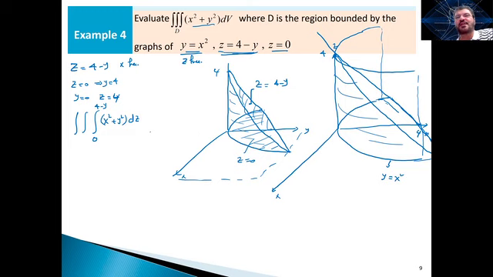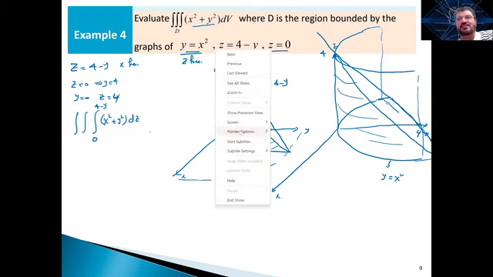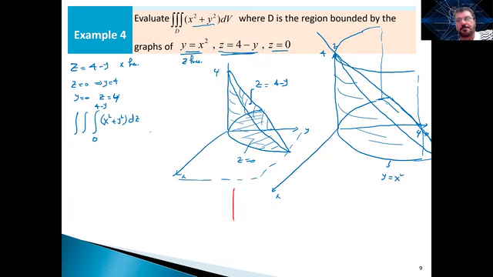Now, let's look at the base. The base now is like this. It's y equal x squared up to y equal to 4, isn't it? See, it's up to y equal to 4. This line is our y equal to 4, and this is y equal x squared.